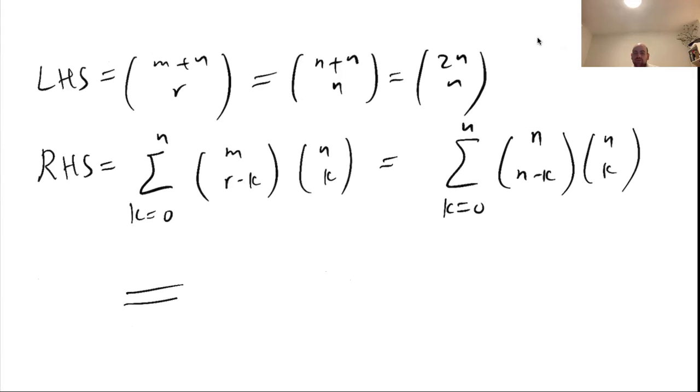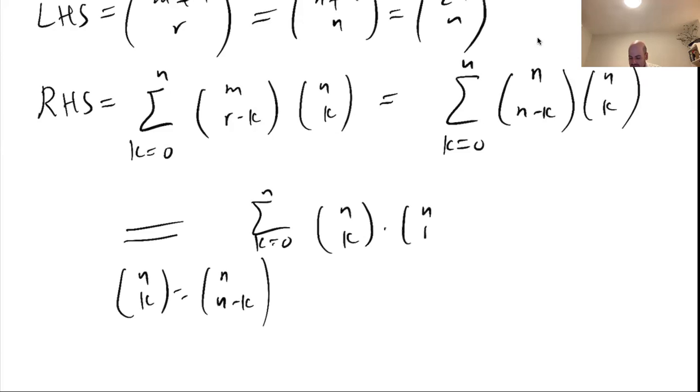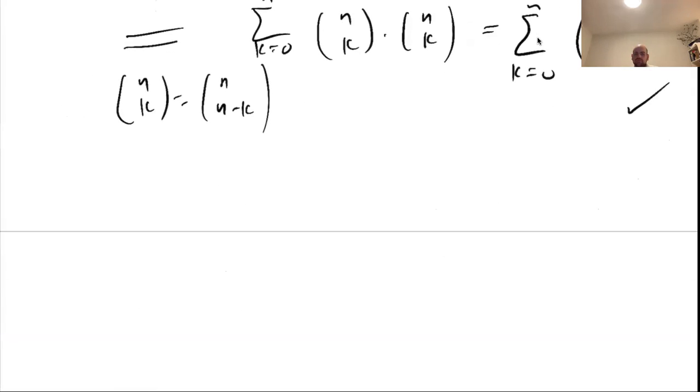By the way, one of the properties we saw before, we know that n choose k is same as n choose n minus k. So then I can write this as sigma k from 0 to n of n choose k times n choose k. This is sigma k from 0 to n of n choose k to power 2. Okay, which is what we needed to show.